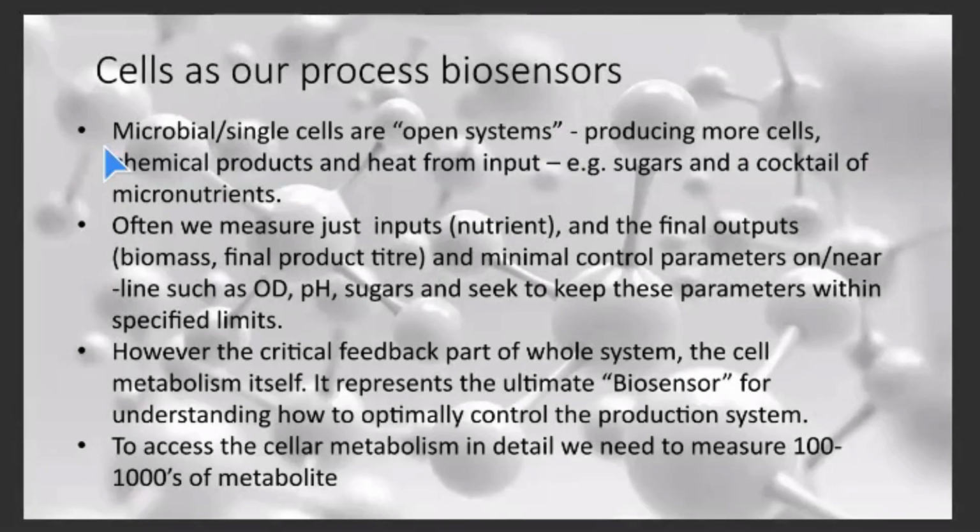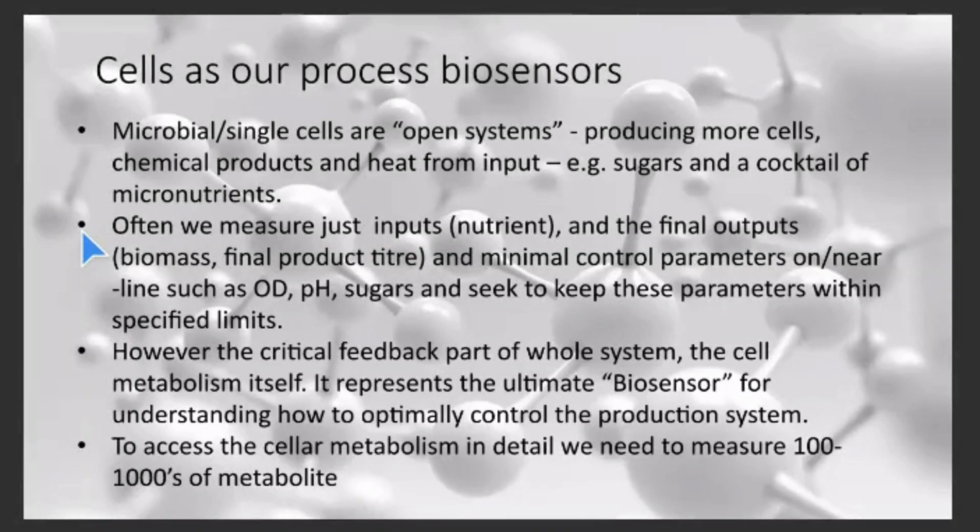The way I see it is that microbial cells are basically what we call open systems. They are looking to produce more of themselves. They take in biochemical products, and they take in heat inputs. And we also input other things such as carbon sources and micronutrients to them.